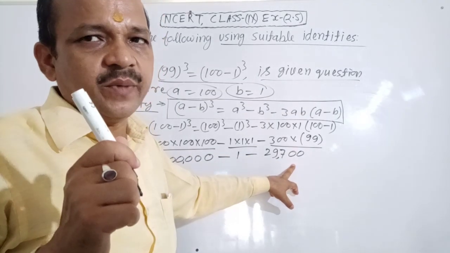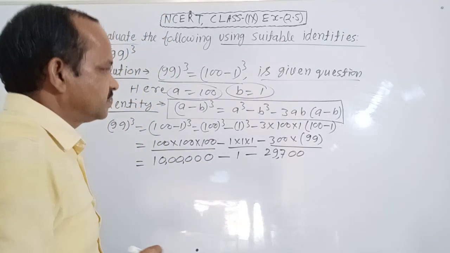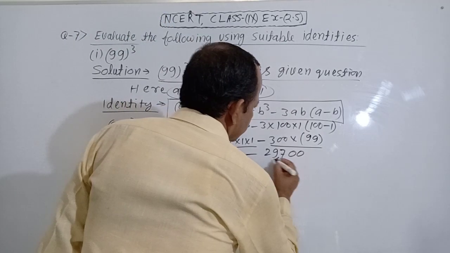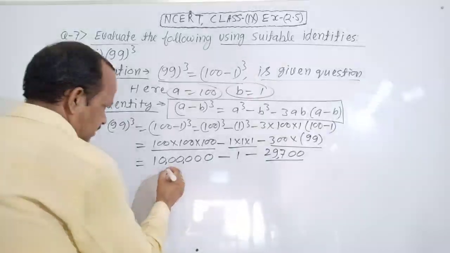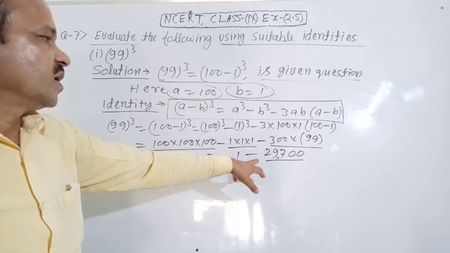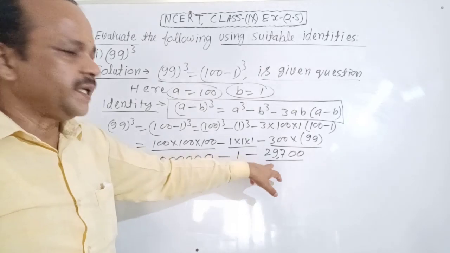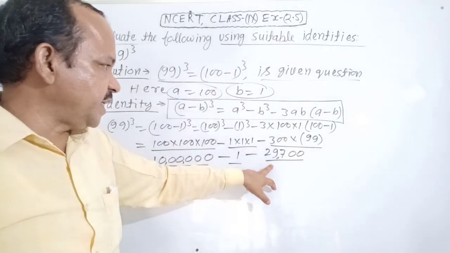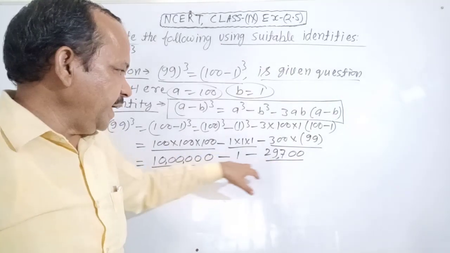No confusion about it? Here minus 1 and here minus 29,700. You can add it.